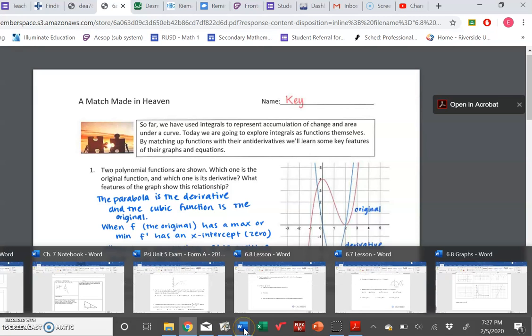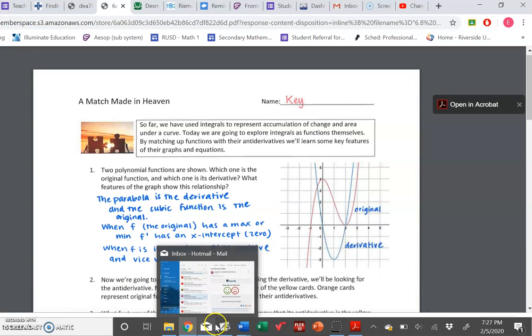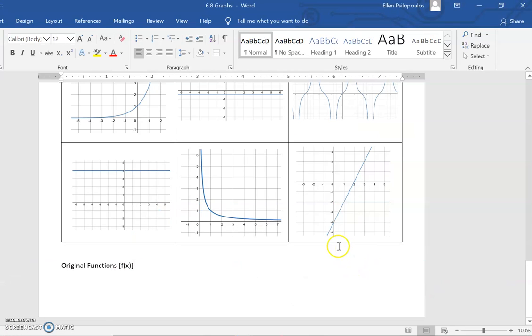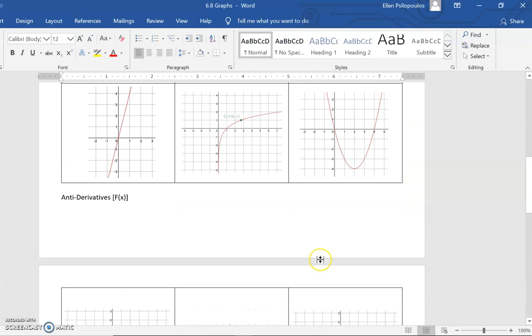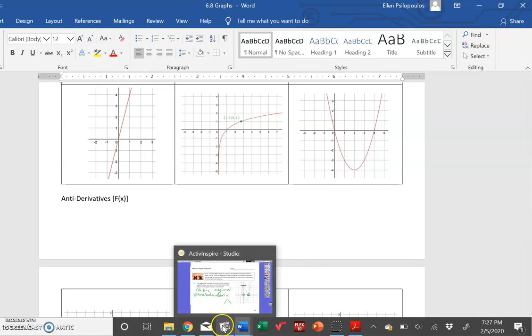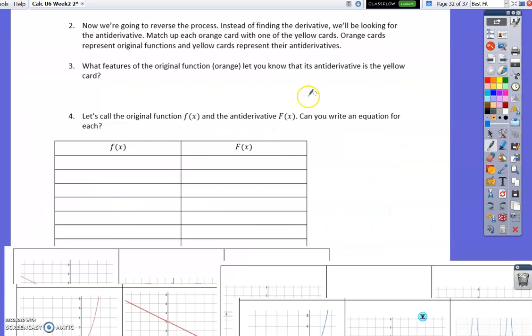So you should have, along with this piece of paper, a bunch of graphs to use. On one side, at the bottom of the page, it says original functions, and on the other side, at the bottom of the page, it says antiderivatives. And so those are the ones we're looking at for the rest of this lesson. So it talks about orange and yellow, and since I wasn't there, I didn't copy things on orange and yellow.